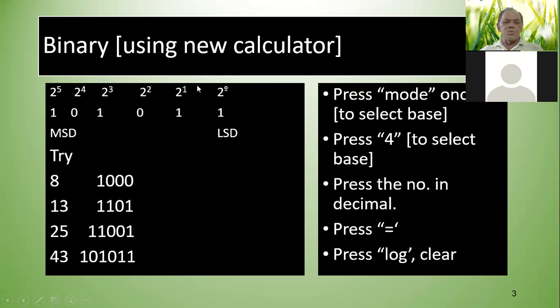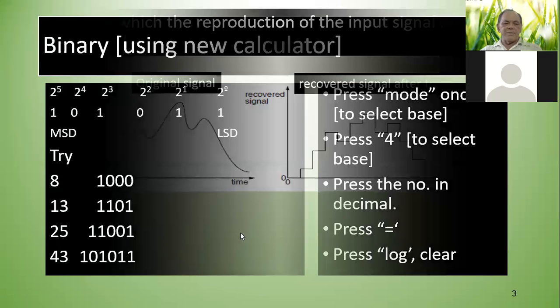And then 2 to the power 1 is the second one, that is 1. So if we have 1, 1, then this is 2 plus 1 is 3. This one is 0, and then this is 8. So 11. Okay, so that's how we get our value.